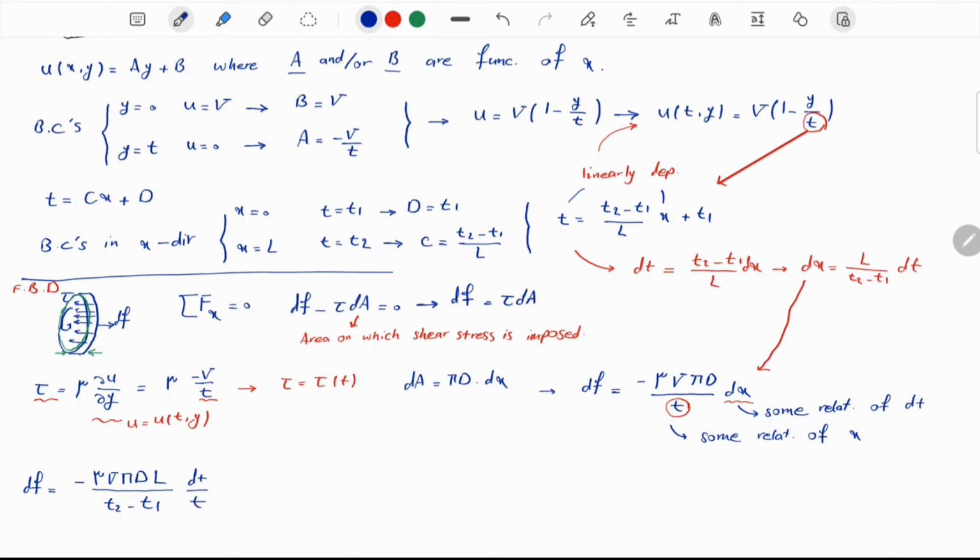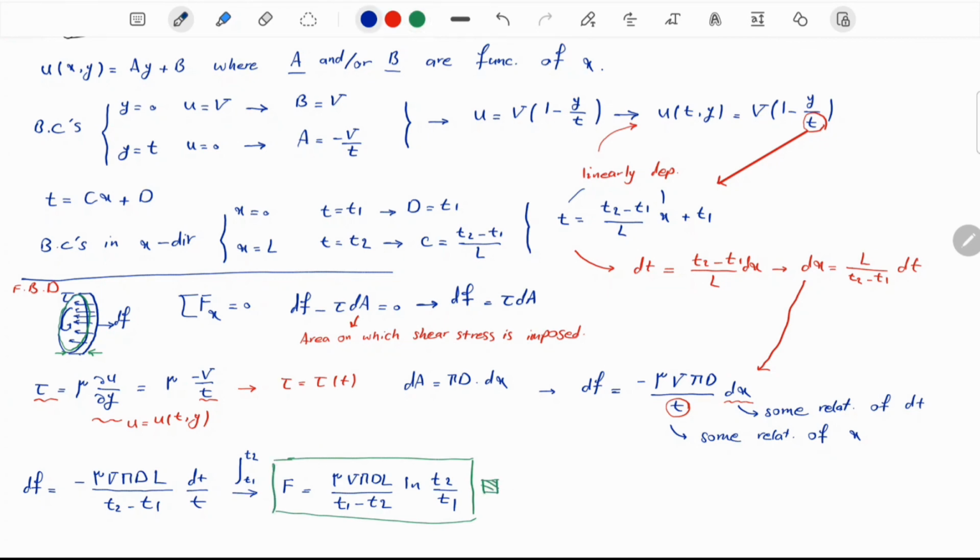Now we have a simple differential equation. Solving it, integrating F from t1 to t2, gives us F equals mu V P D L over t sub 1 minus t sub 2 times the natural logarithm of t2 over t1. And this is our final answer.